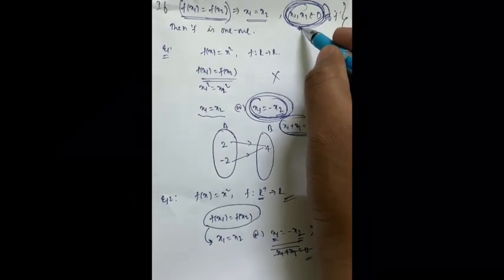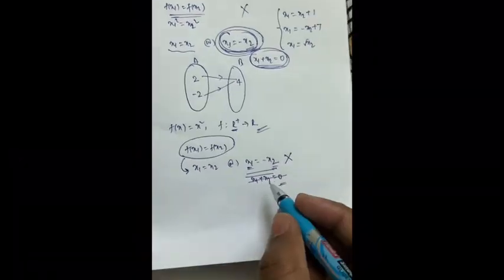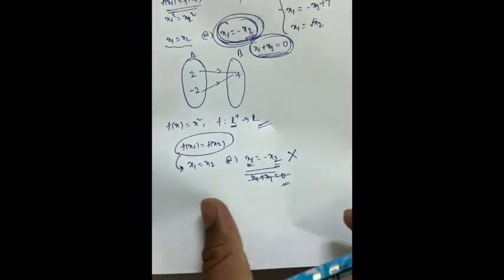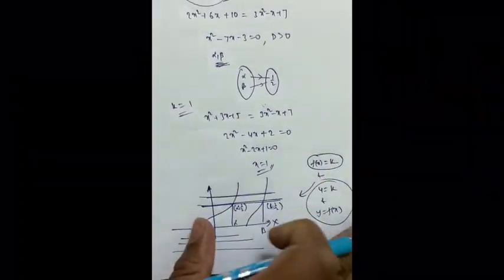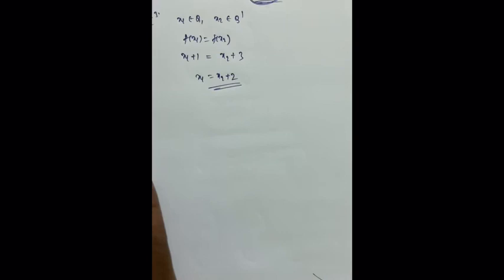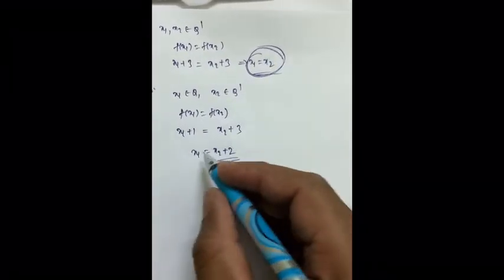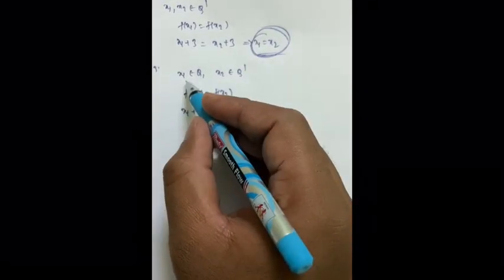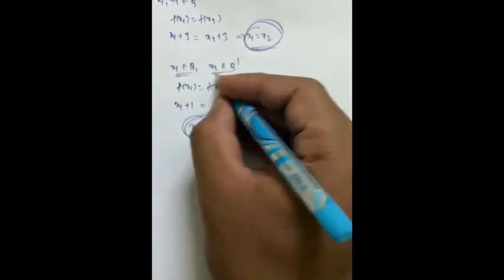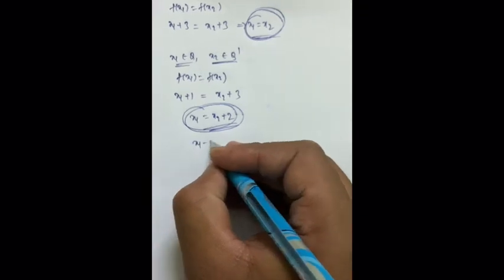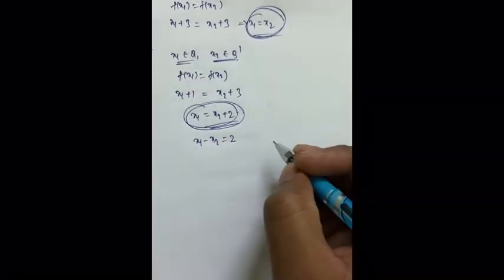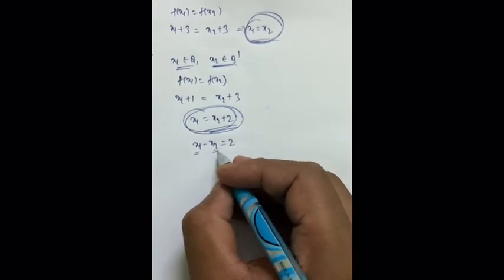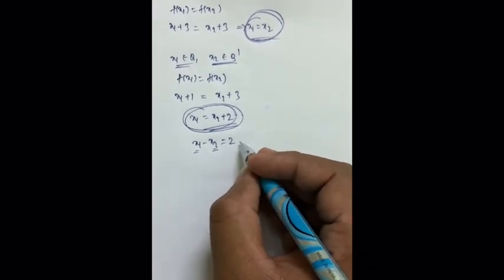You have to check this condition: is it possible with this relation that both x1 and x2 belong to the domain? Let us check here. We got this relation, but x1 and x2 both should belong to the domain. We have taken one as rational and one as irrational. So x1 minus x2 equals 2 is what we got. One is rational, one is irrational, and the difference is 2. Is it possible? No.